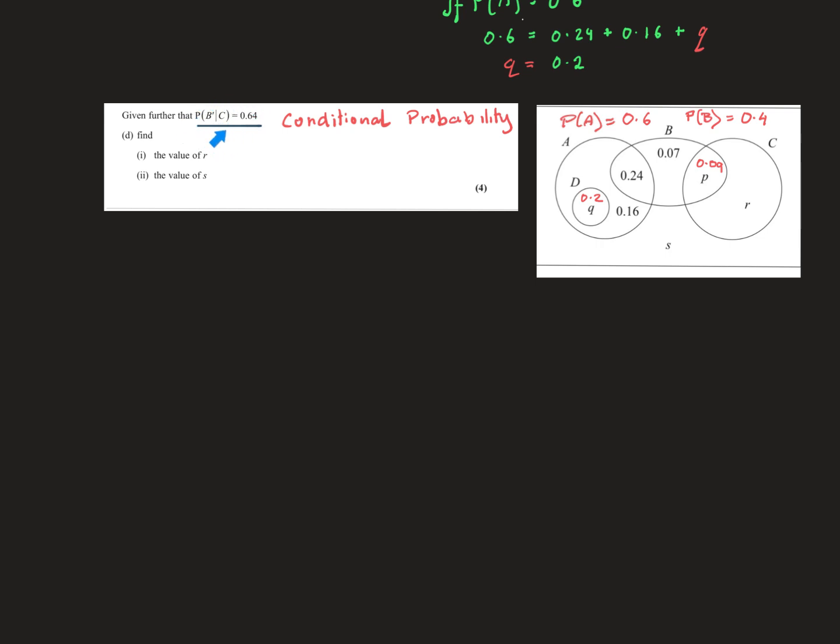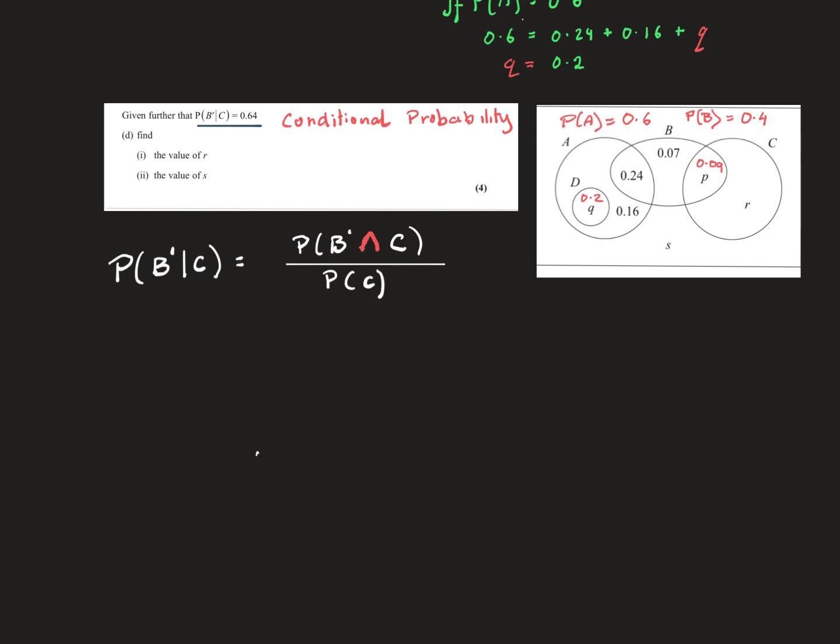What is the formula for conditional probability? The probability of B complement given C is written down in the numerator as the probability of B complement intersection C, over the probability of C.